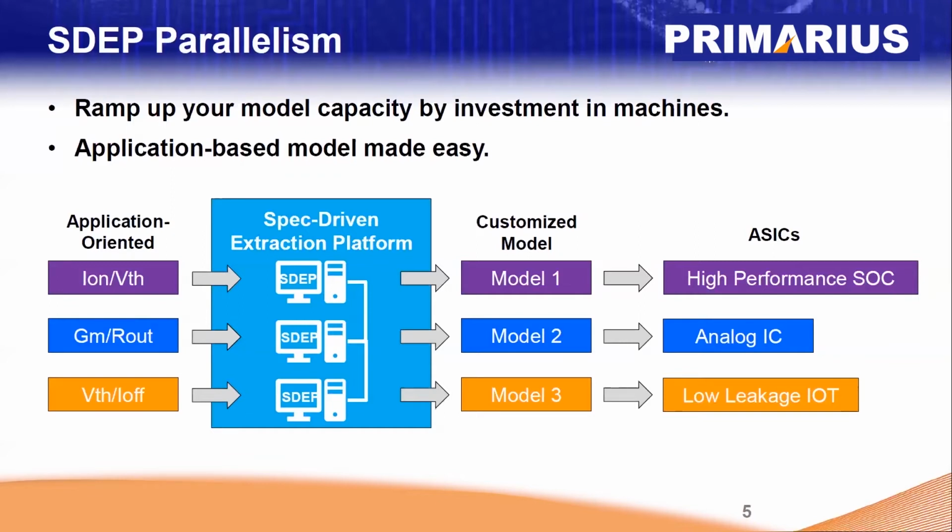Or you can deliver application-based models by adjusting different specs at the input. For example, you can get a digital model focusing on Ion, Ioff, and an analog model focusing on gm, gds, even using the same set of data.